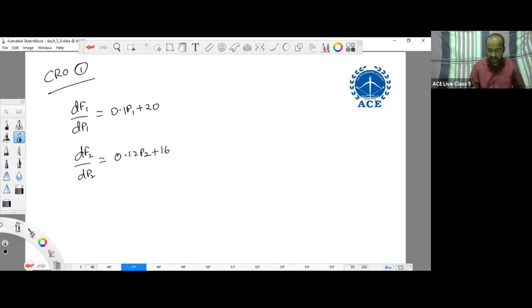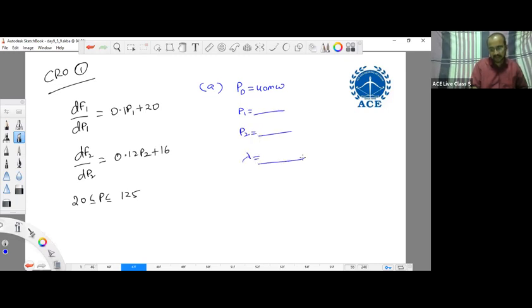These values are given. And limits are given as 20 less than or equal to P less than or equal to 125. In this first bit, PD is 40 megawatt. He is asking to calculate the P1 value, P2 value, and the lambda value.